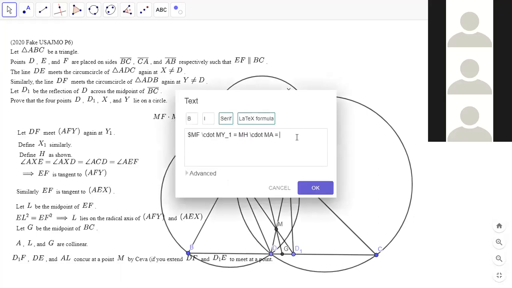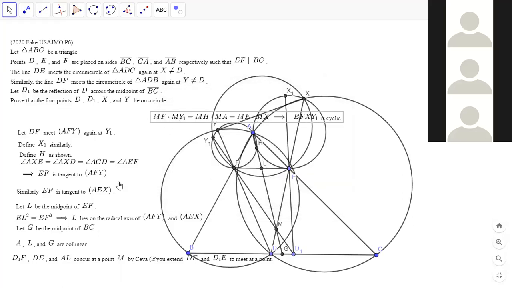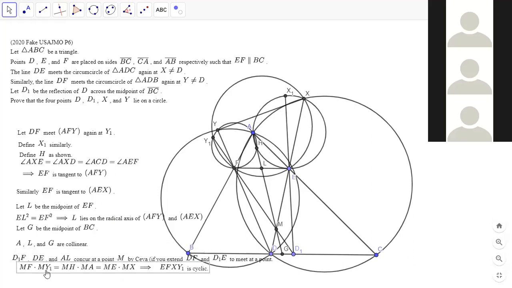And that means that EFXY1 is cyclic. And then by Reim's theorem, I'm not sure how to pronounce it. I didn't understand that either. How did we conclude from Reim's theorem?